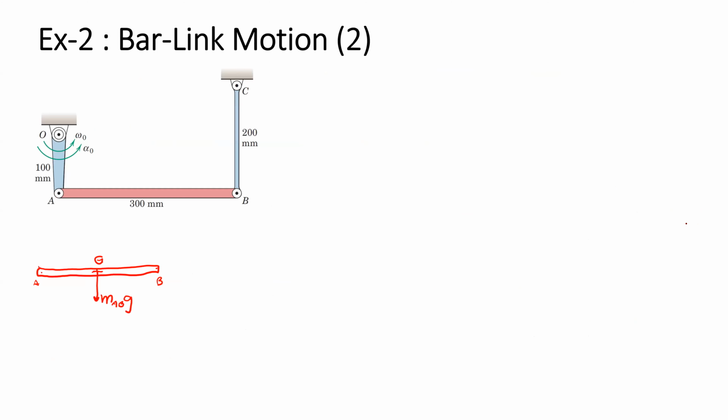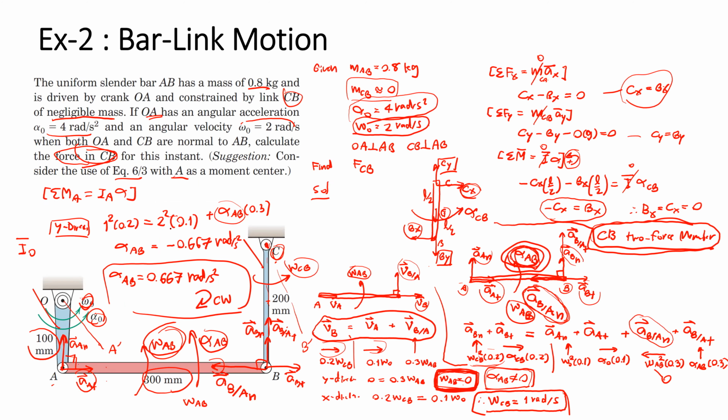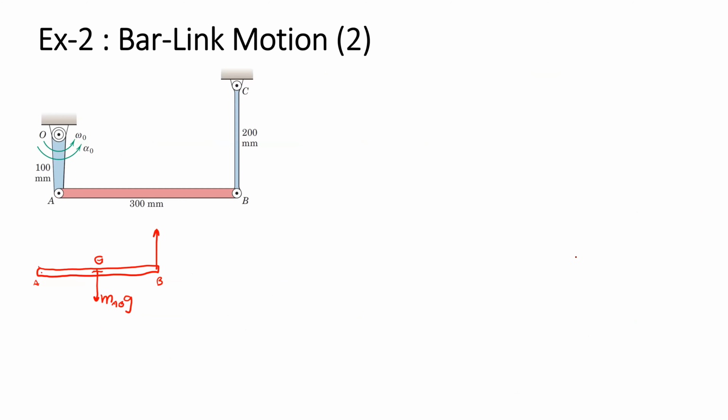CB, as a two force member, has the force only in the direction of the link, and maybe BY has only BY. But for AB, we cannot say it's a two force member. We cannot say it's a two force member for OA.